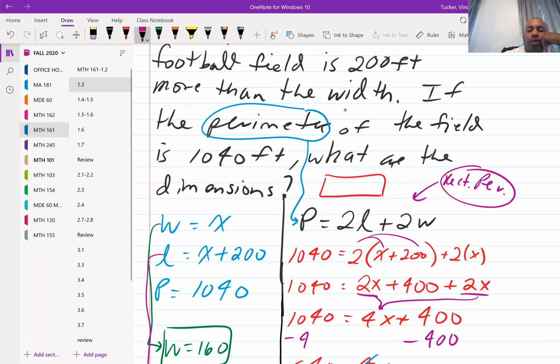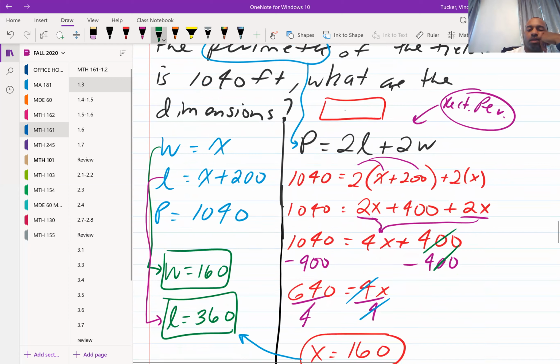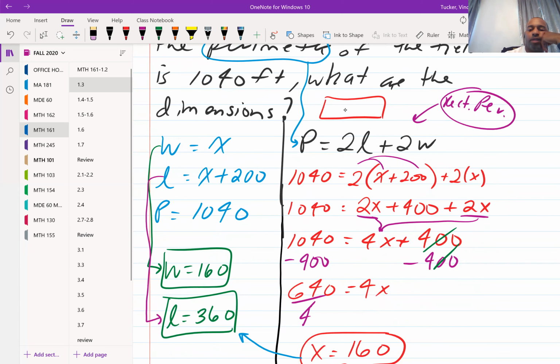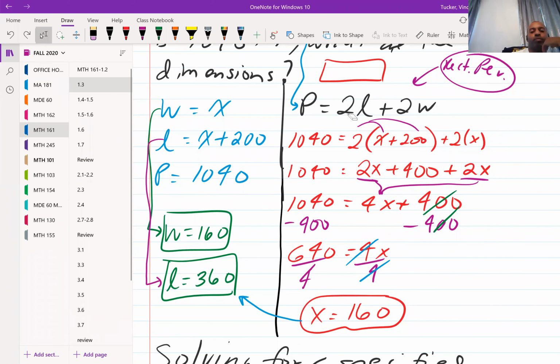Then subtract 400. So that'll be 4X equal to 640. And then finish it off by dividing by 4. X is equal to 160.